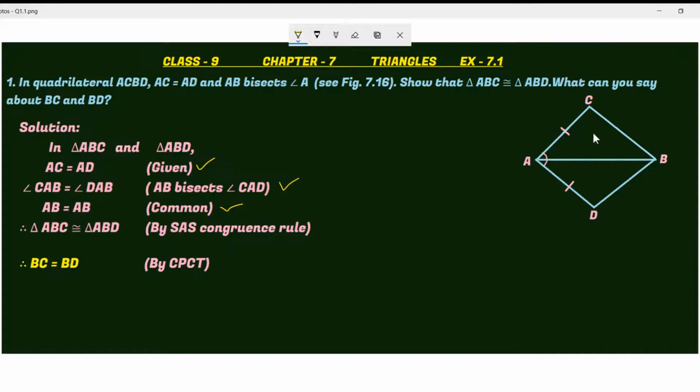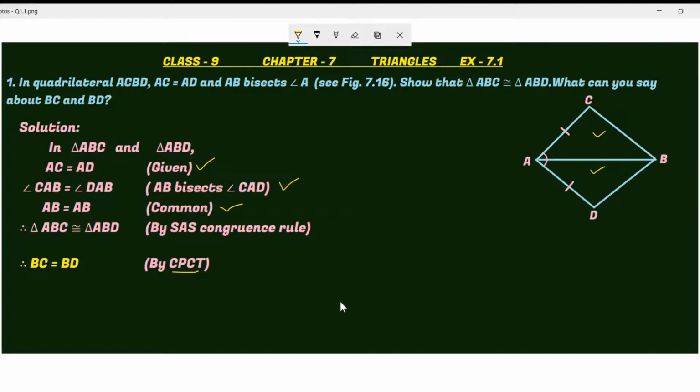If this triangle is congruent to this triangle, then we can say BC is equal to BD by CPCT, because BC and BD are corresponding parts of congruent triangles. These are the corresponding parts. We have proved these two lines are equal and these two lines are equal in both the triangles. Then this line also would be equal according to CPCT. That's it. Next we will move on to the next question.